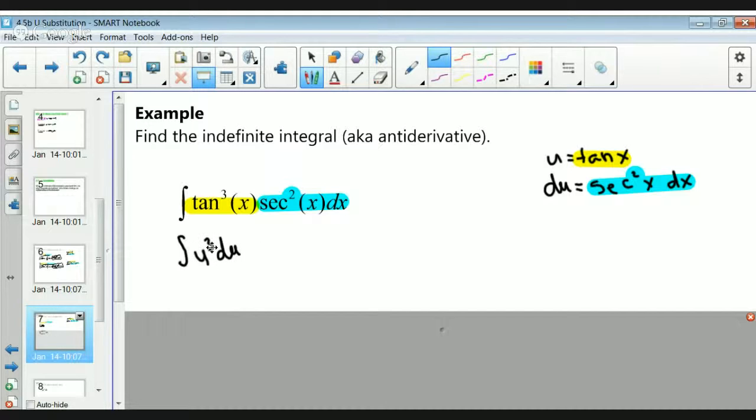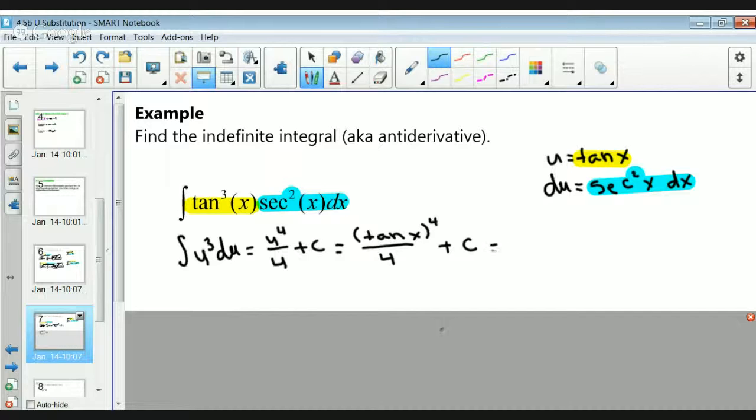All right, now this here means find all antiderivatives of u cubed. So that's going to be u to the 4th over 4 plus c. And then our last step should be to substitute back in. So u is tangent of x. So I have tangent of x, the whole thing to the 4th over 4 plus c.